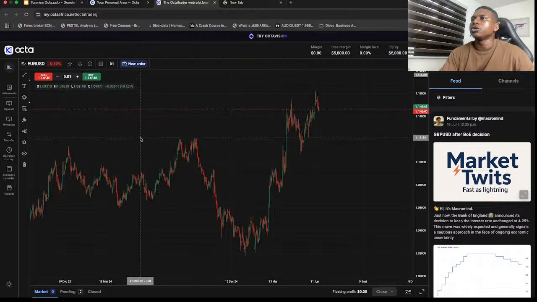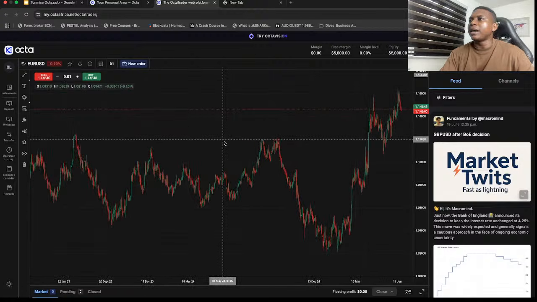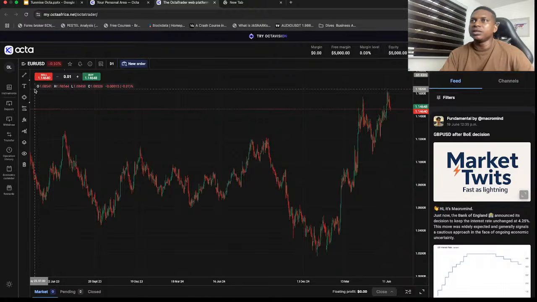Awesome. So here now we're going to map out possibly the levels of support and resistance.